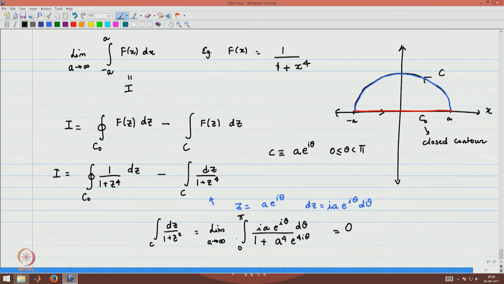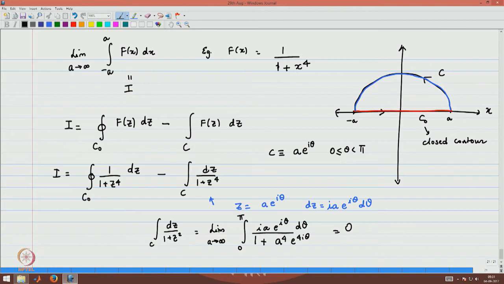So, in the limit as a tends to infinity, this integral will be exactly 0, because the denominator has a power 4 and the numerator has only a. Now, I have not shown this formally, but you can easily work this out and show that as a goes to infinity, the denominator will go to infinity, and then this integral will go to 0.